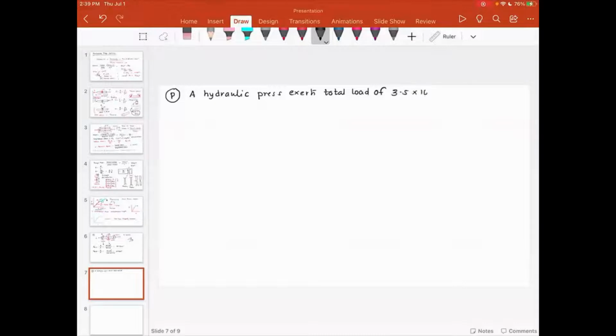So 3.5 times 10 to the power 6 newtons. And that load is carried by 2 steel bolts. So load is carried by 2 bolts.